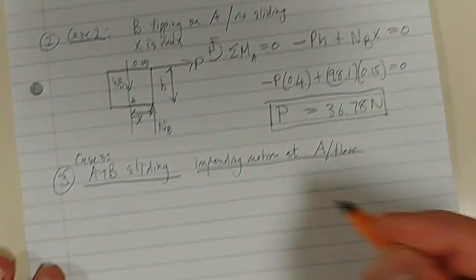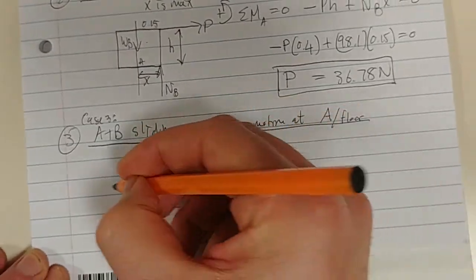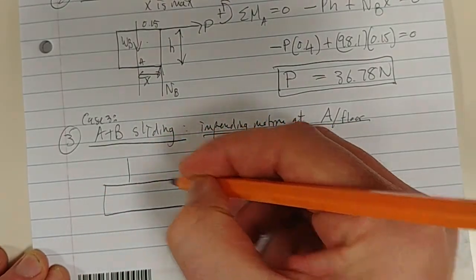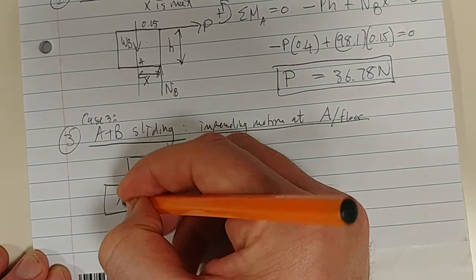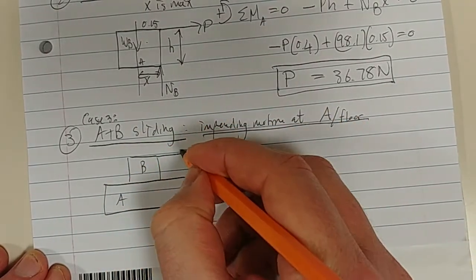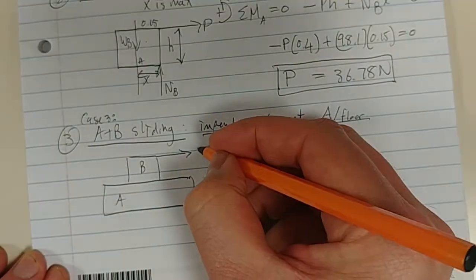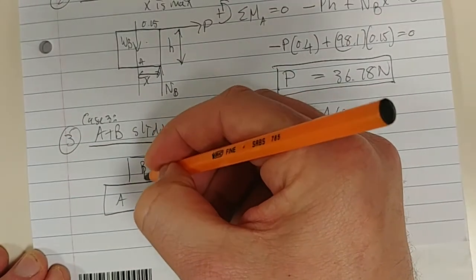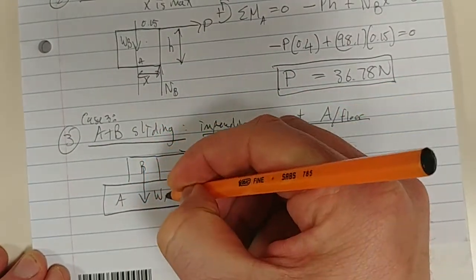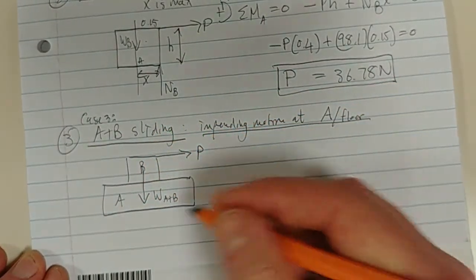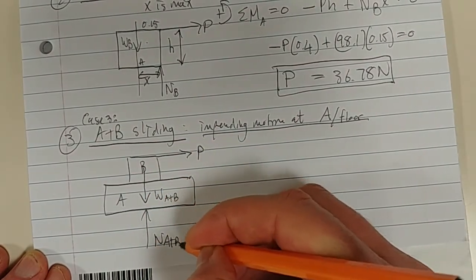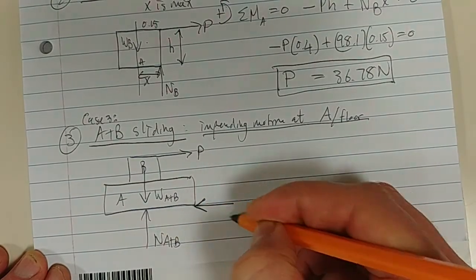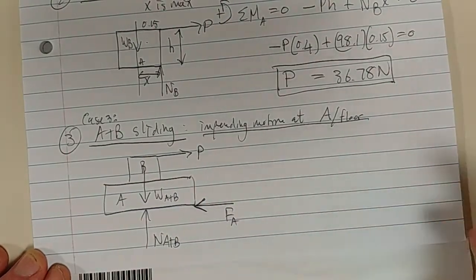Okay? So here then we've got the total system. There's B and there's A. And we still draw our free body diagram. There's our applied force P. And the total weight here will be A plus B. And the total normal force will be A plus B. And we also have our frictional force at A.